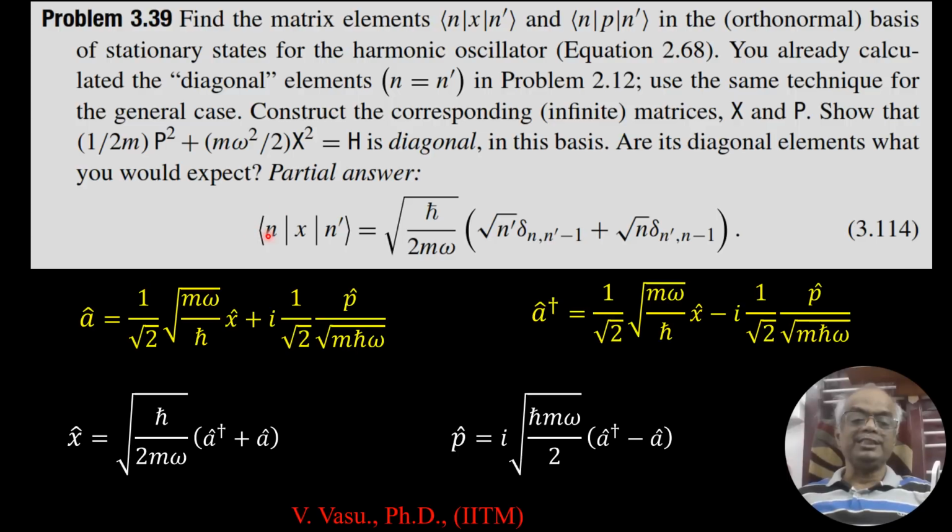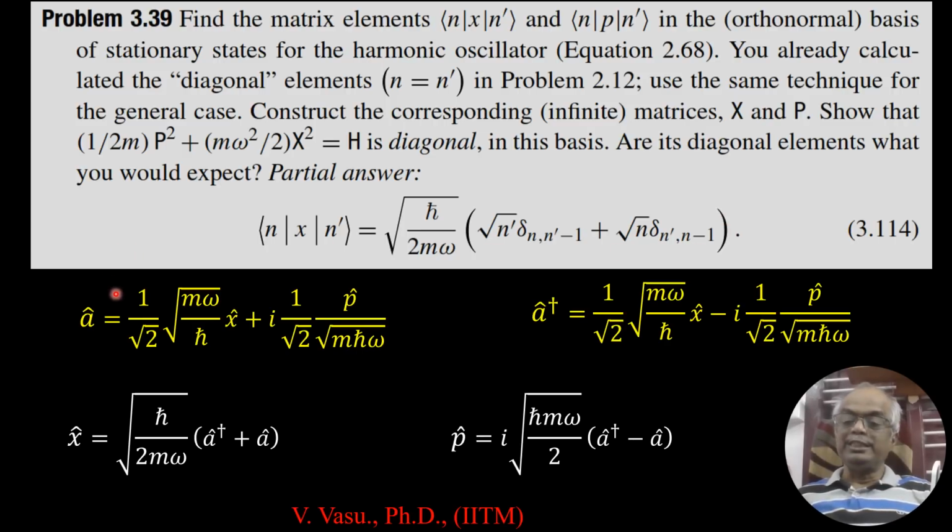Partial answer: ⟨n|x|n′⟩ is equal to square root of h cross over 2m omega, times square root of n prime delta n, n prime minus 1, plus square root of n delta n prime, n minus 1.